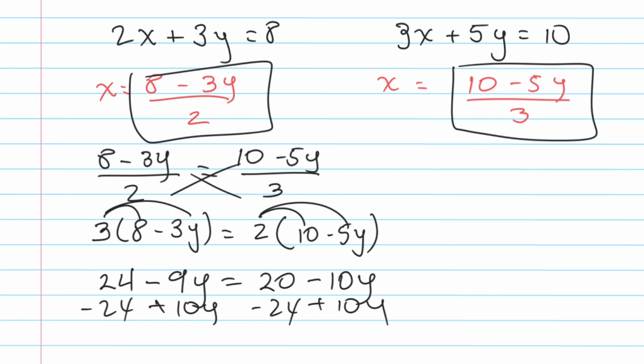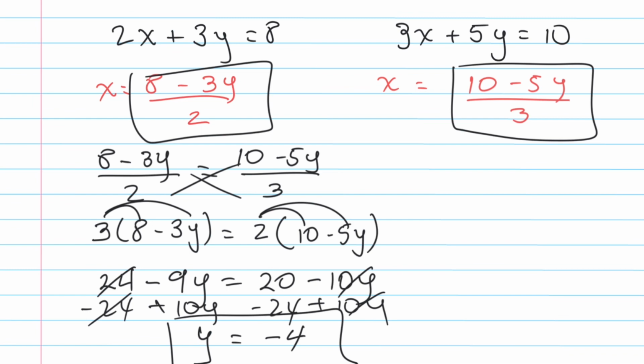So this cancels, this cancels. We have negative 9 plus 10, which is positive 1, so it's just y equals 20 minus 24, which is negative 4. So now we just figure out the value of y.